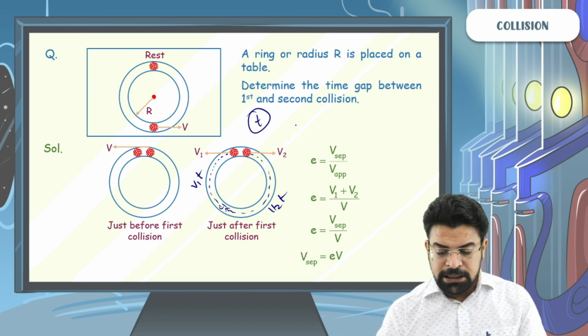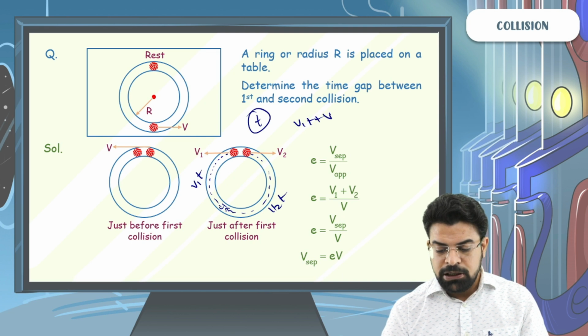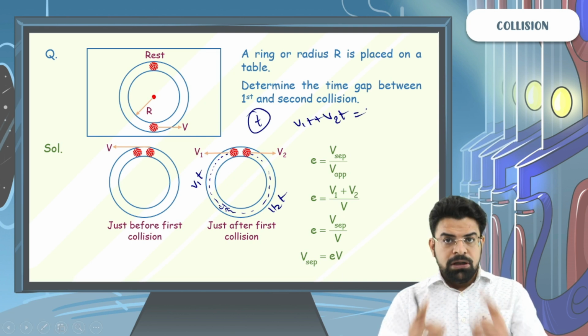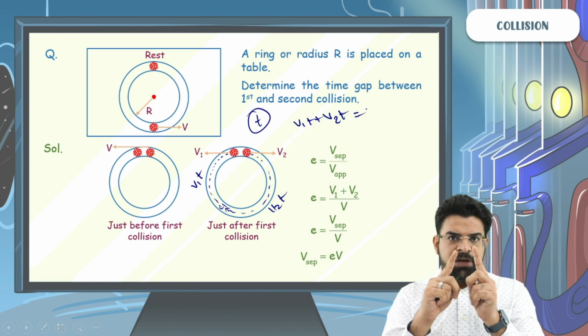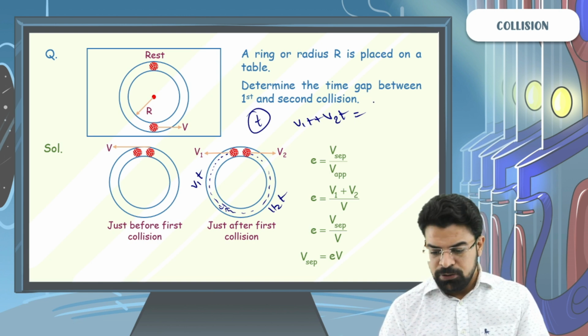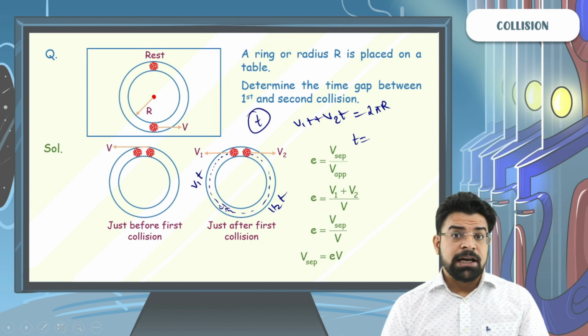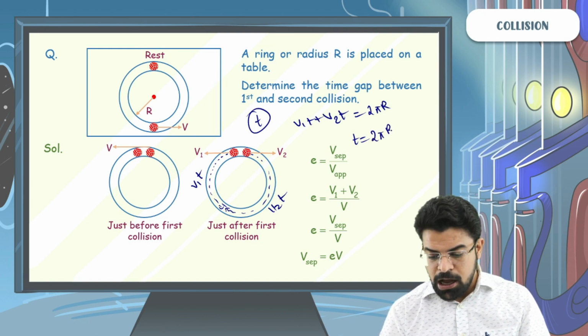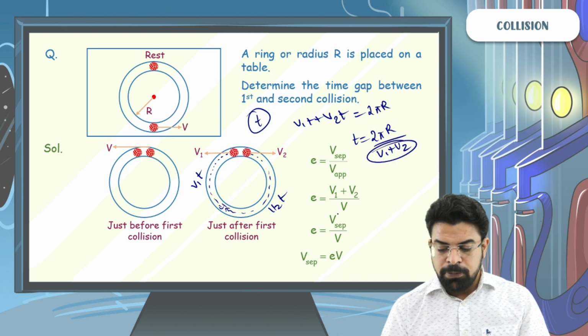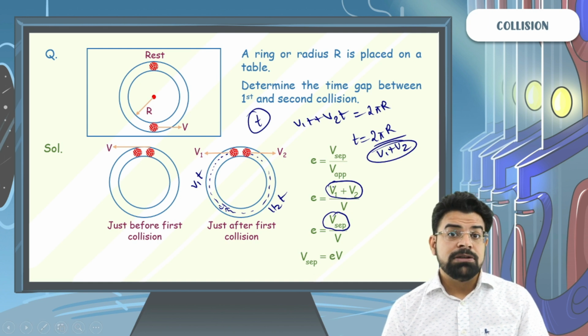And we can say that v1t plus v2t, the sum of distances traveled by both of them, has to be equal to the perimeter of this tube, which is 2 pi r. So the time gap between the first and second collision will be 2 pi r by v1 plus v2, which can be written as 2 pi r by velocity of separation, because v1 plus v2 is velocity of separation.